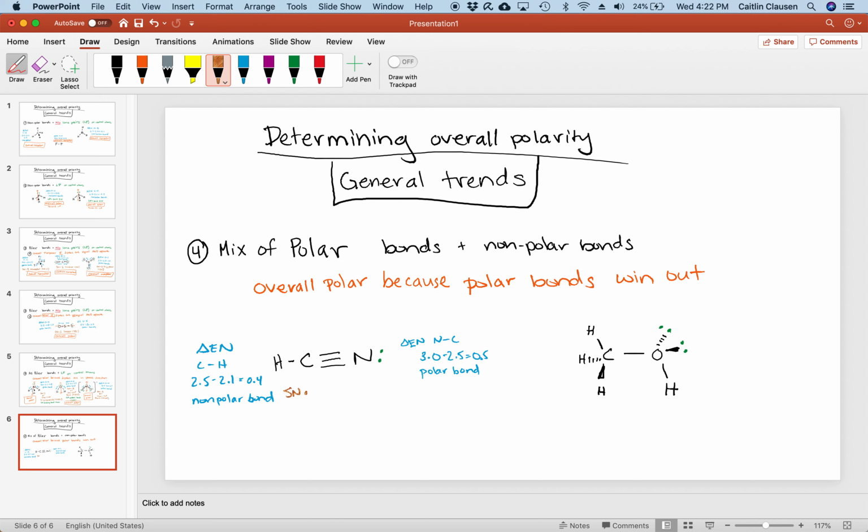Steric number of the central atom, which is carbon here, bonded to two things, a hydrogen and a nitrogen. That's two. There are no lone pairs. It's only two bonded atoms. That tells me we are linear and at a 180 degree angle.